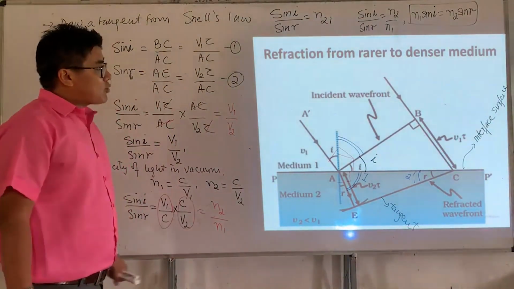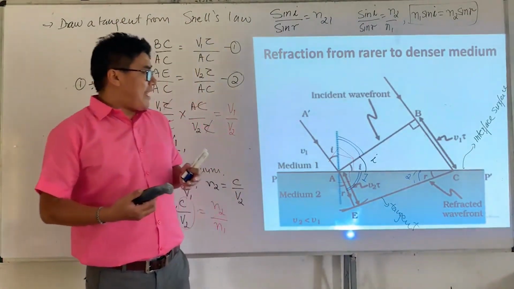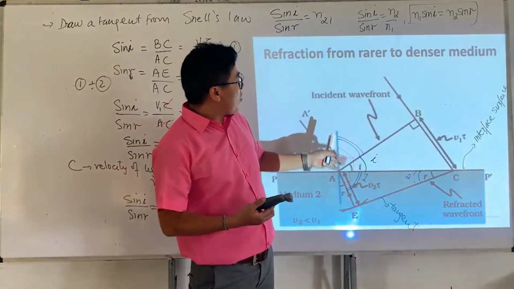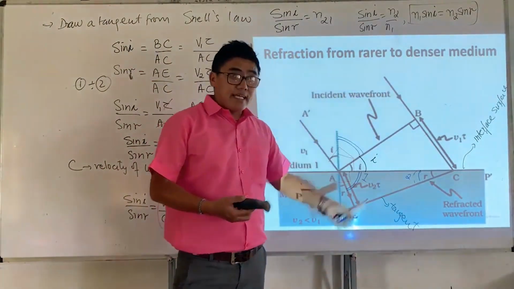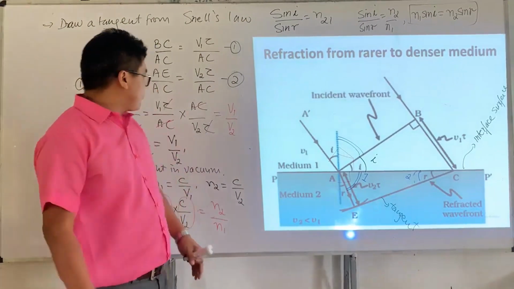Now what I would like to do is, what about the wavelength when light goes from a rarer to a denser medium? Whether the wavelength changes or not? This is what we are going to see.